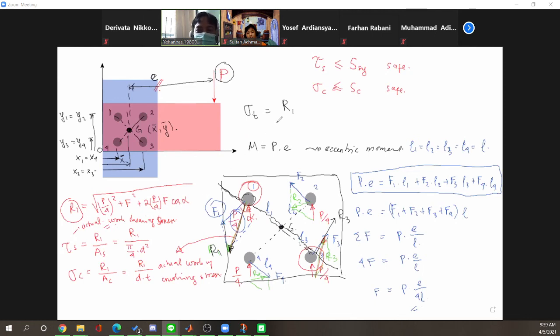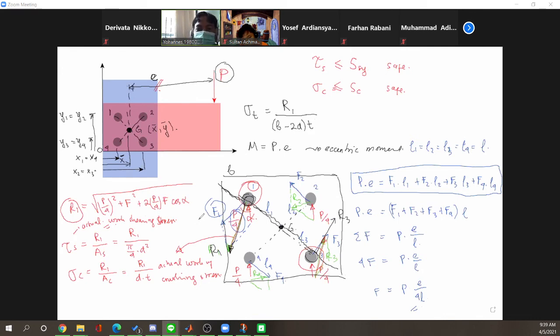R1 divided by the tensile area of this plate, which is the diagonal of this plate. Okay, so for example, this diagonal has the length of B. So here we have B minus 2 diameter of the rivet, and it has the thickness also.